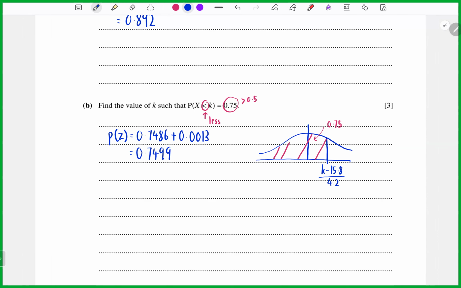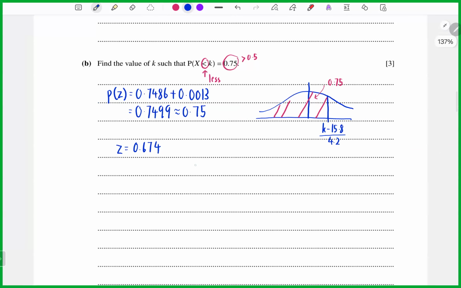Because we don't have the number for 14, we just take the 13, as it is nearest to 0.75. So the value for Z is 0.6774.